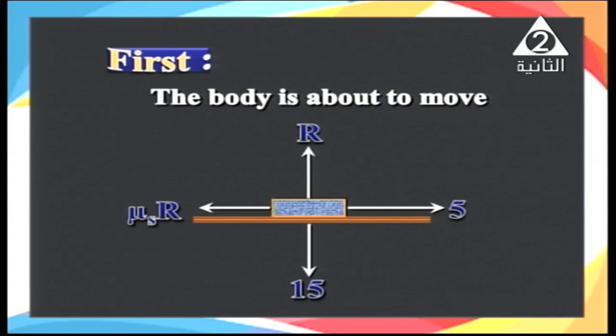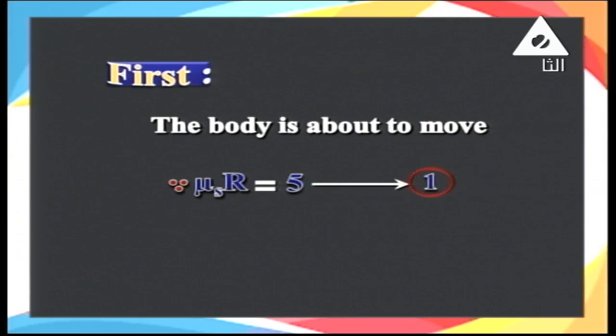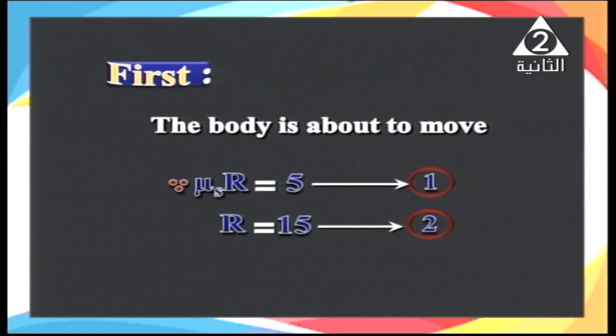The body is on a rough plane, what do you mean? Yes, mu s R. Rough plane, static friction force Fs equals mu s R. We have mu s R equals 5. Two equations of equilibrium: mu s R equals 5, this is equation number 1. Number 2, R equals what? 15. This is equation number 2.